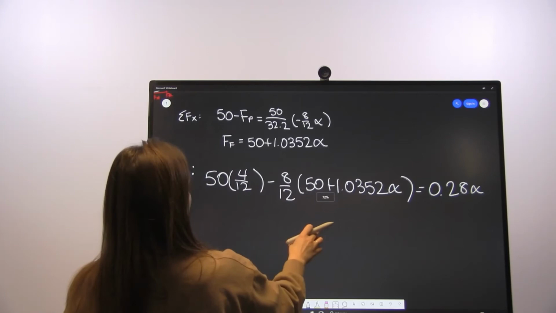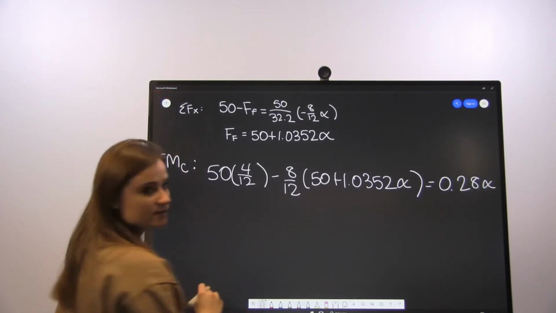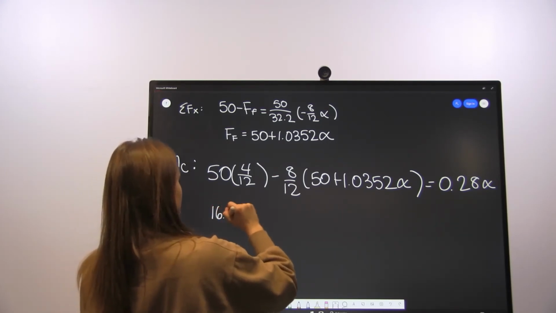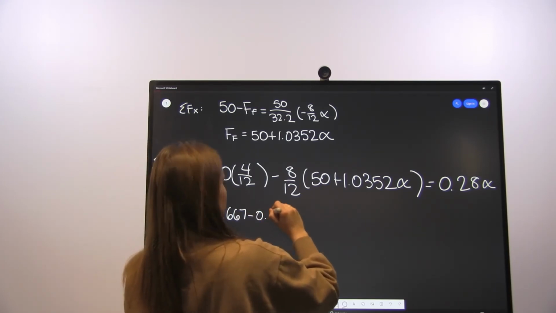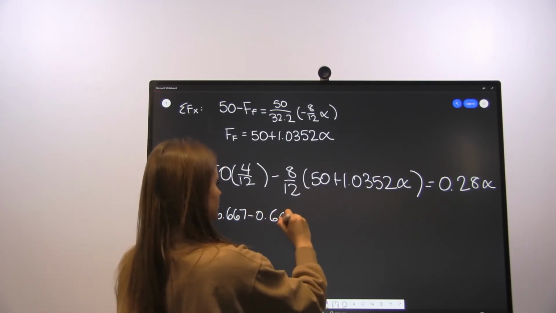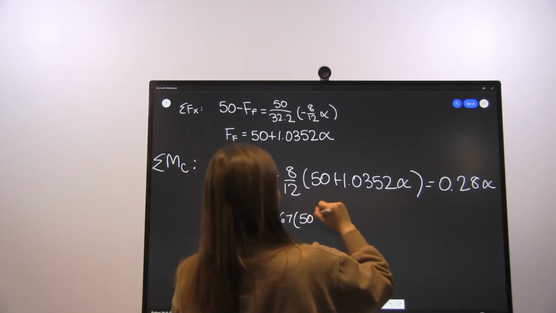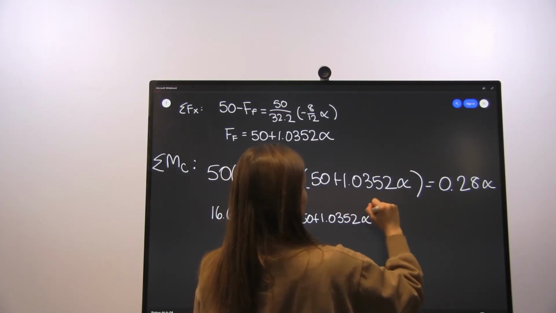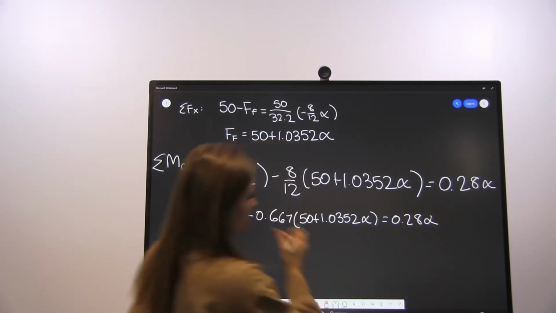We can simplify that to 16.667 minus 0.667 times our frictional force, 50 plus 1.0352 angular acceleration, is equal to 0.28 times angular acceleration.